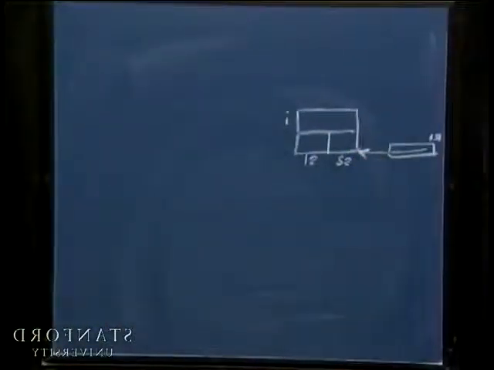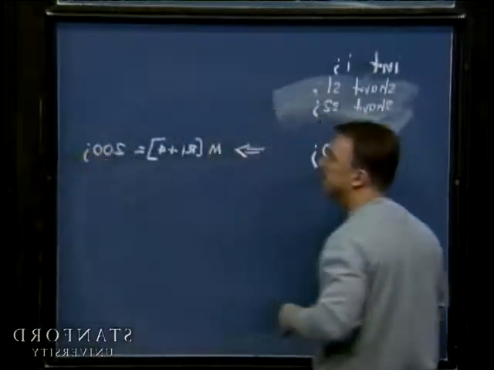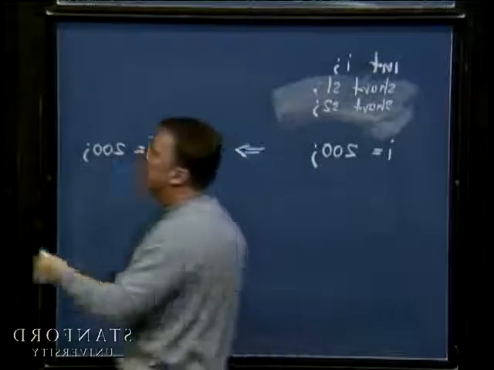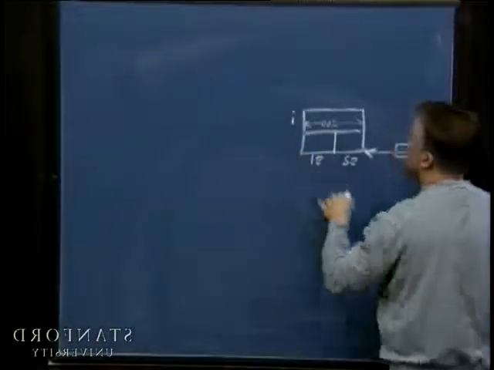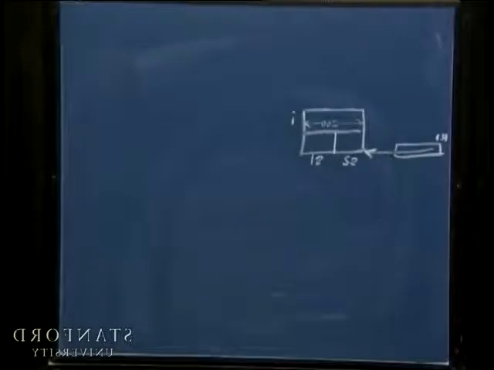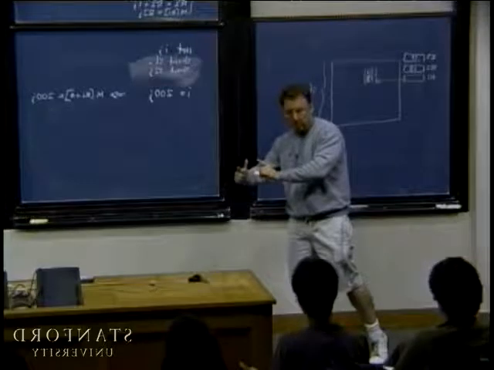M of R1 plus 4 is equal to 200. That means as a 4-byte figure, the bit pattern for 200 is laid down. Now 200 is a pretty small number, so in a big Endian world, we'd expect 1 byte of 0, followed by another byte of 0, followed by a third byte of 0, followed by 1 byte that happens to have all of the 200 in it. Does that sit well with everybody?